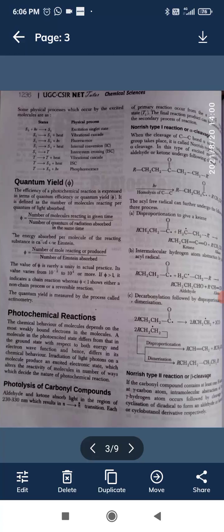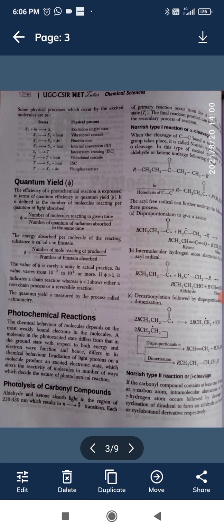So here some physical processes occur in the excited molecules. S0 plus absorption of UV radiation, which is electromagnetic radiation, goes to S1, the excited singlet state. S1 to S1 plus heat is vibrational cascade, that is, it loses energy in the form of heat.